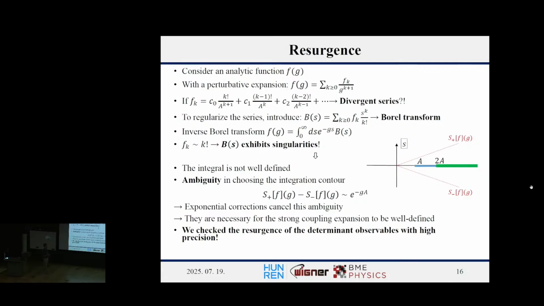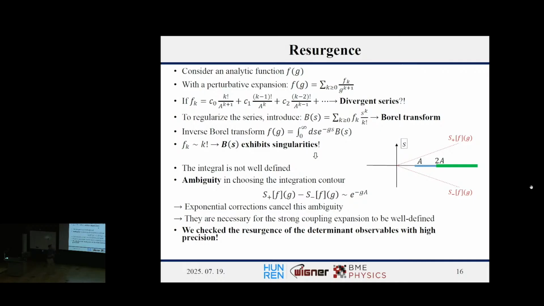Okay, but since our coefficients in f grow factorially, it turns out that the coefficients in the Borel function will converge, I mean, the series will be convergent, but only for specific values. What you get is that this BS exhibits some singularities at certain values on the positive real line.